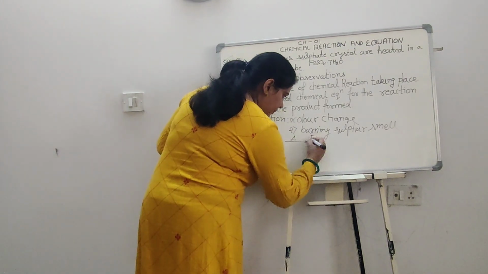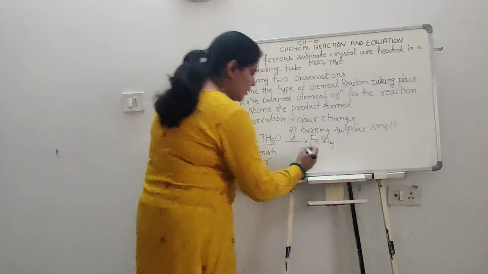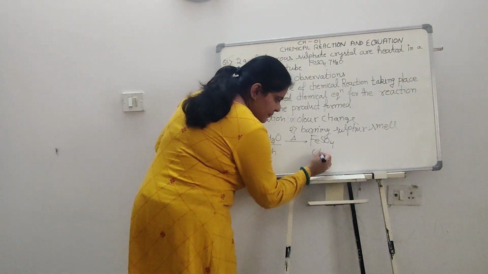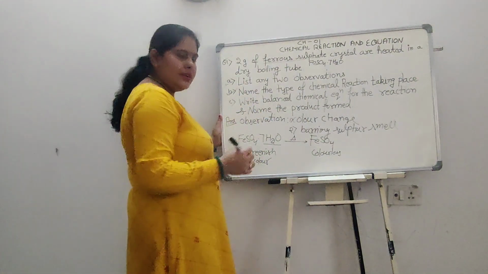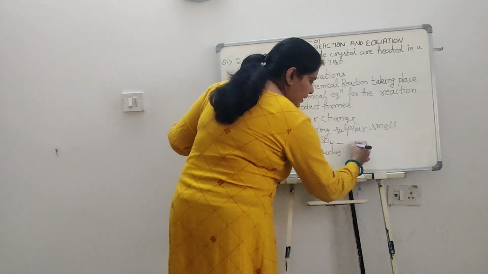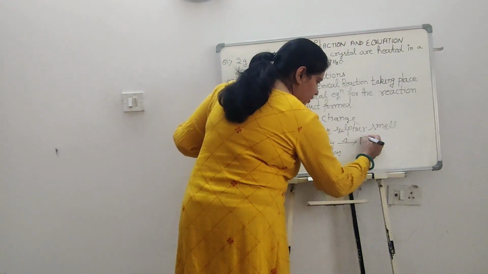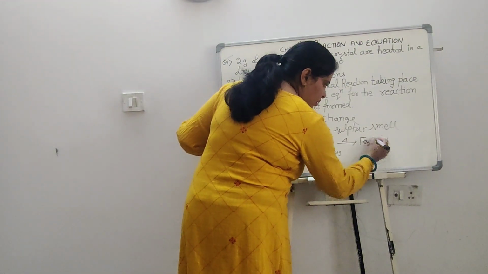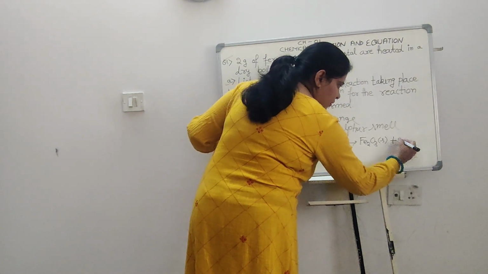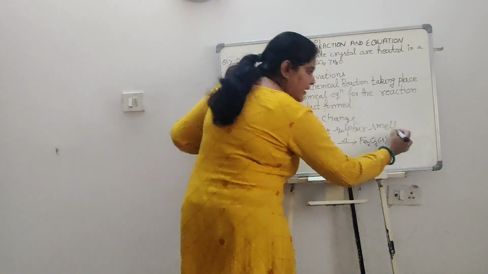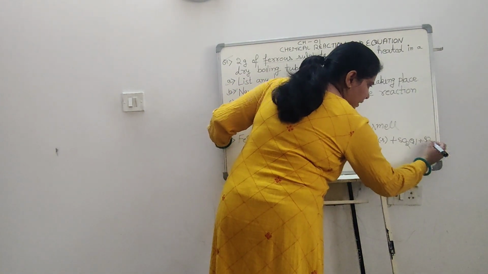Then it becomes ferrous sulfate, FeSO4. Now it becomes colorless. Now it further breaks down. If we keep on heating, it will break down into ferric oxide, Fe2O3, which is solid, plus sulfur dioxide gas and sulfur trioxide gas.